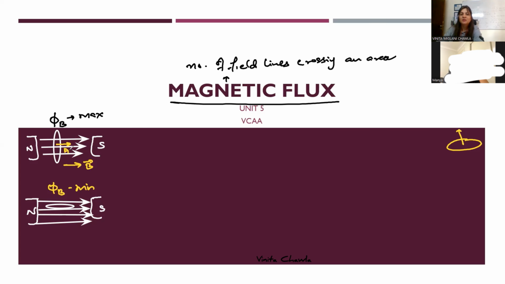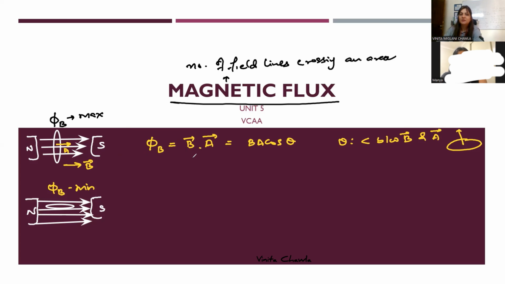So this is the direction of the area vector, right? So if I write magnetic flux, we know that it is the scalar product of these two vectors, magnetic field intensity and area vector. So we can write this as BA cos theta. So this theta is actually the angle between magnetic field intensity and area vector. Okay. So what is the angle between B and A in this particular situation?